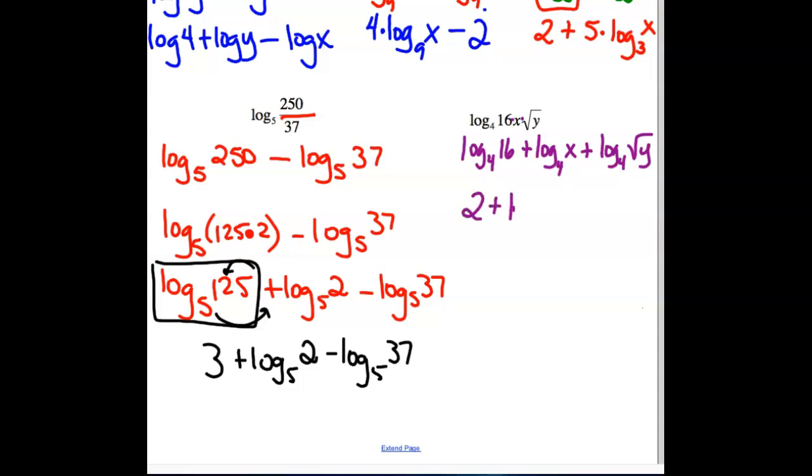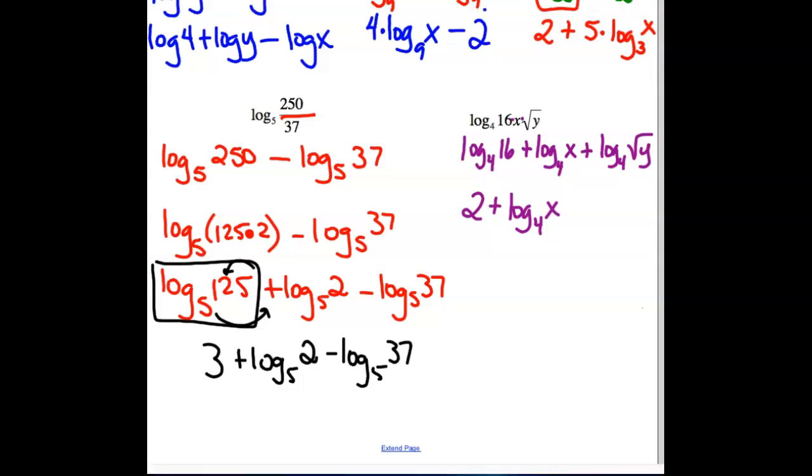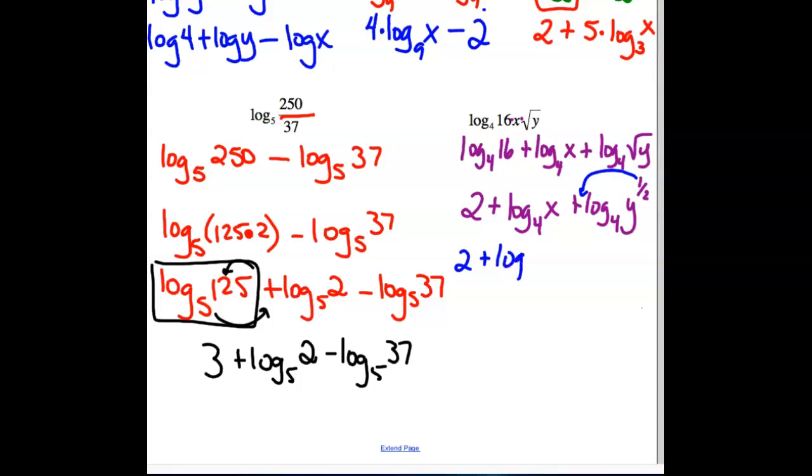Log base 4 of x we can't figure out until we know what x is. And then for the last piece, the square root of y is really the same as saying y to the 1/2. And we know that powers have to be moved into the front. So our final answer here would be 2 plus log base 4 of x plus 1/2 log base 4 of y.